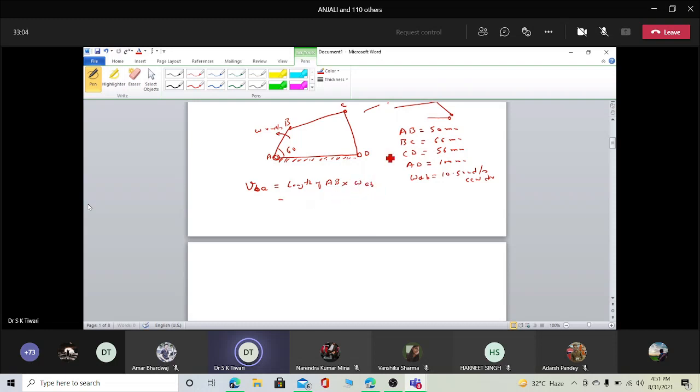Length is given to you as 50 millimeter. कितना दिया? 50 दिया है ना? Yes, sir. तो 50 divided by 1000 मीटर में आ गया into 10.5.